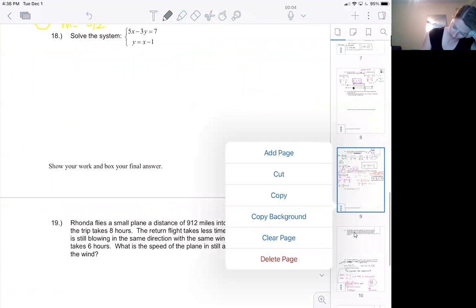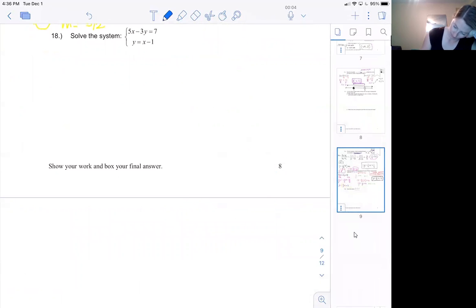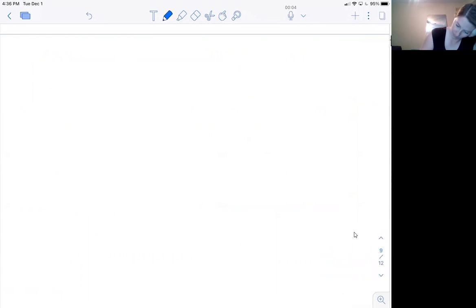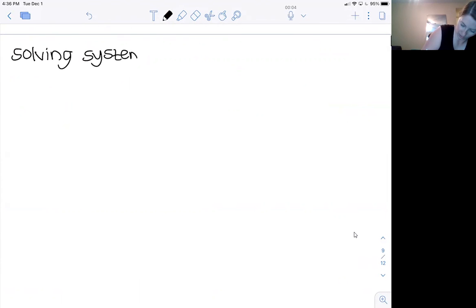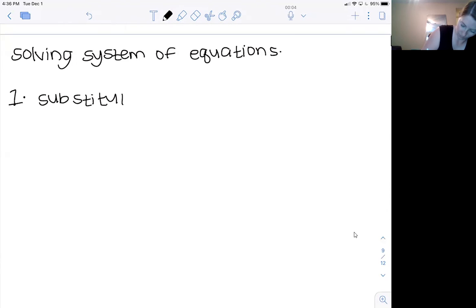There are two ways to solve a system of equations. Well, there's three ways. So the first way is substitution. Second way is elimination.